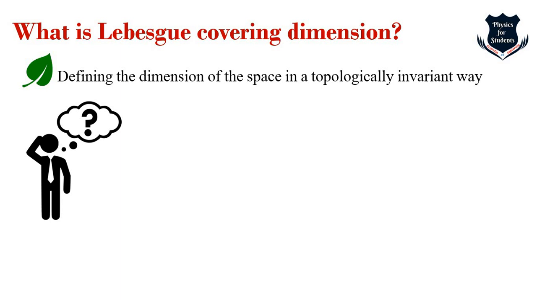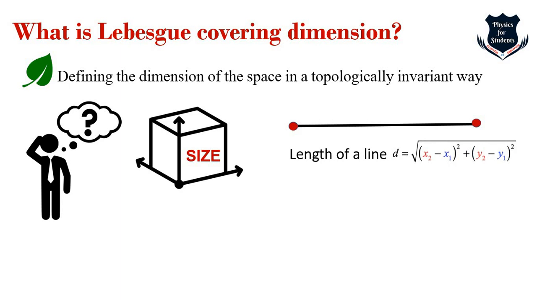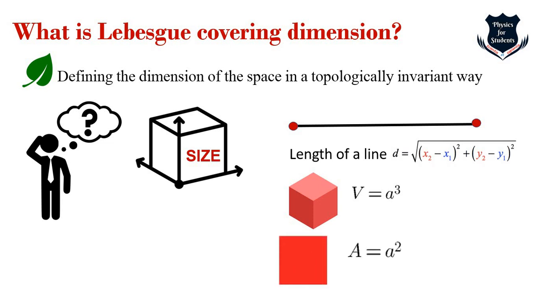Whenever we think of anything, the basic notion which comes into our mind is size, the size of any object. The simplest way to think about it is to start with things like the length of a line, the volume of a cube, and the area of a square.